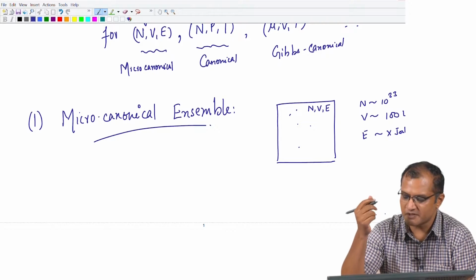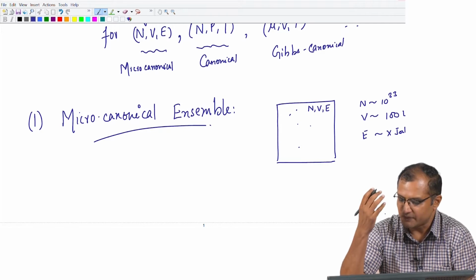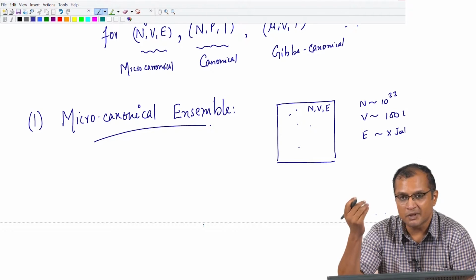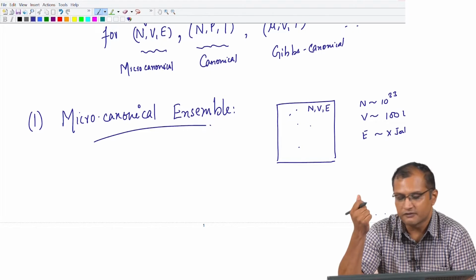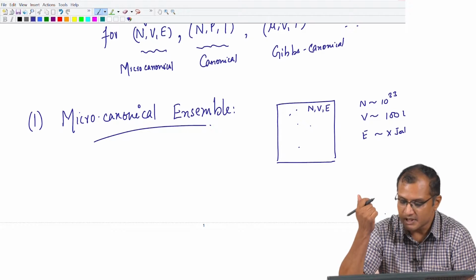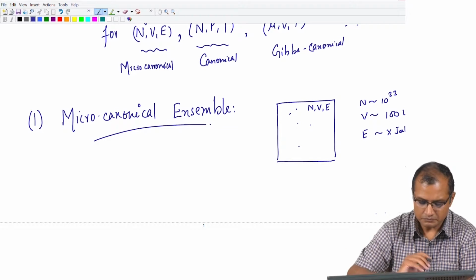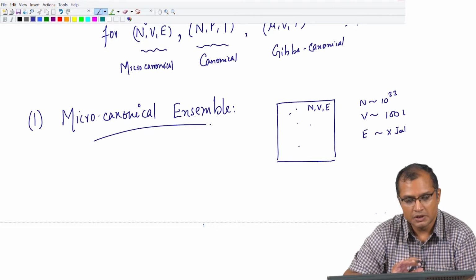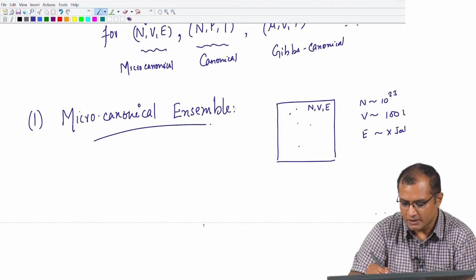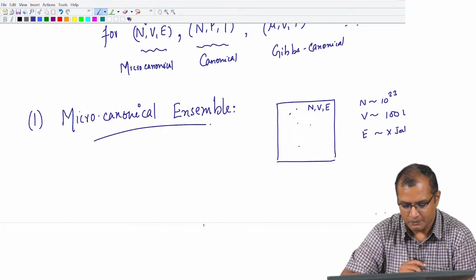Once you have specified the values of the number of particles, the volume of the room and the total amount of energy in this room, you are in a position to do some statistical mechanics on this system.